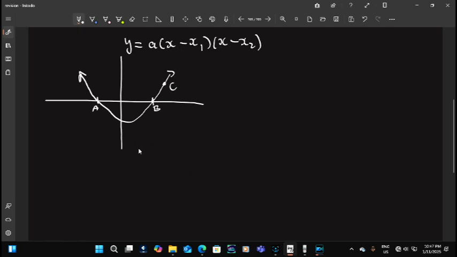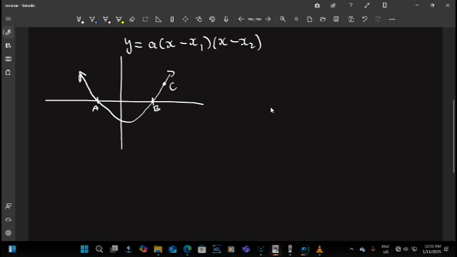Okay, for example, suppose you are given a function like this. They want you to analyze it and find its equation. It cuts the x axis something like this, and here you have negative 2, and here you have positive 3.